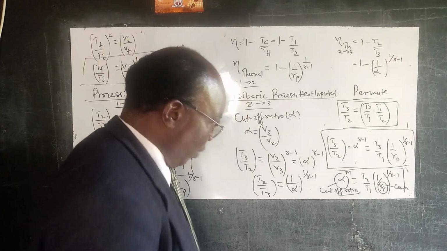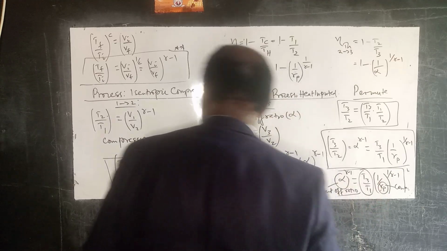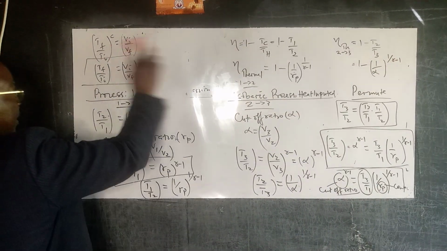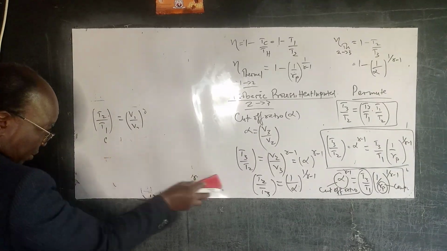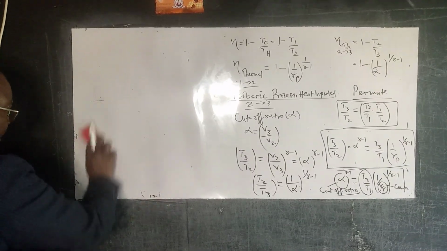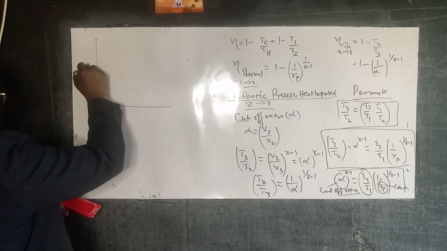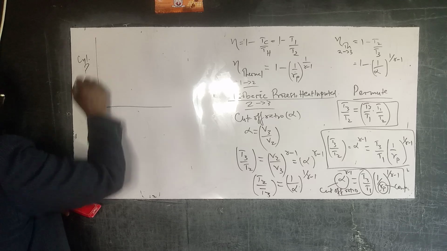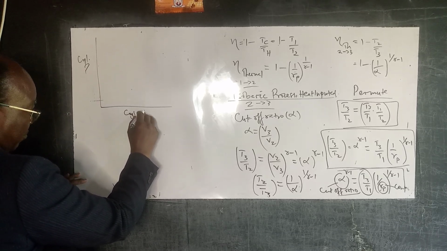Now, I want you to look at this element here, T3 over T1. Remember, in your cycle, we have cylinder pressure and cylinder volume.